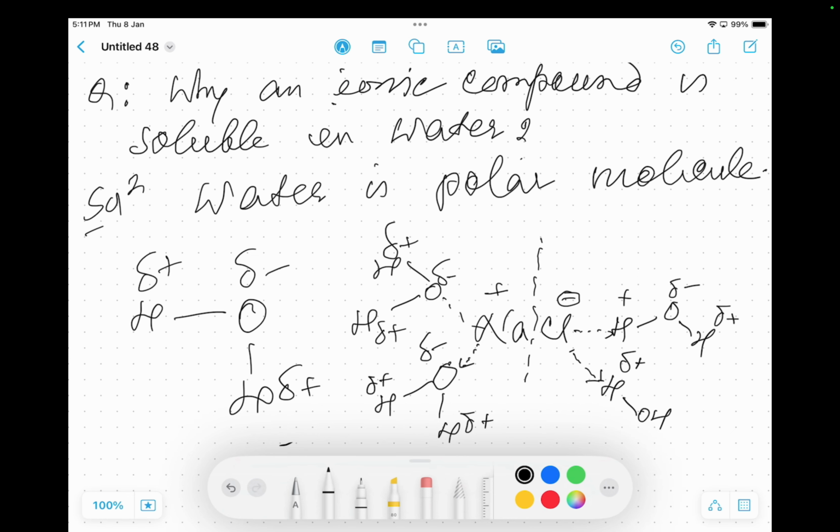As a result, Na plus gets separated from Cl minus and solid NaCl dissolves into water. So this is the solubility. This is the cause of solubility of an ionic solid. Thank you.